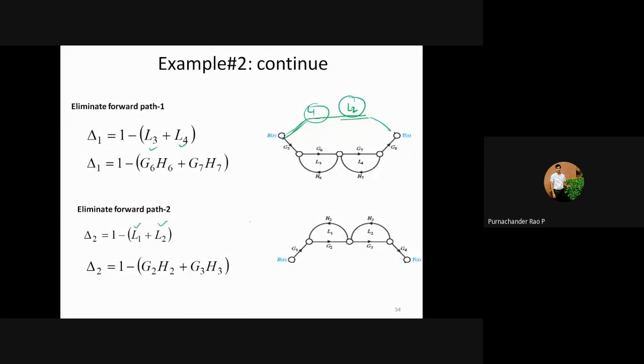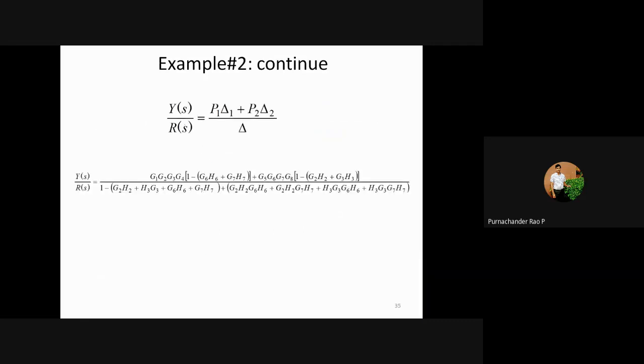Okay, so we found all the values. Then as per Mason's gain formula, C of s by R of s is equal to (p1 delta 1 plus p2 delta 2) by delta. Just substitute all the values, and you are going to get the transfer function.